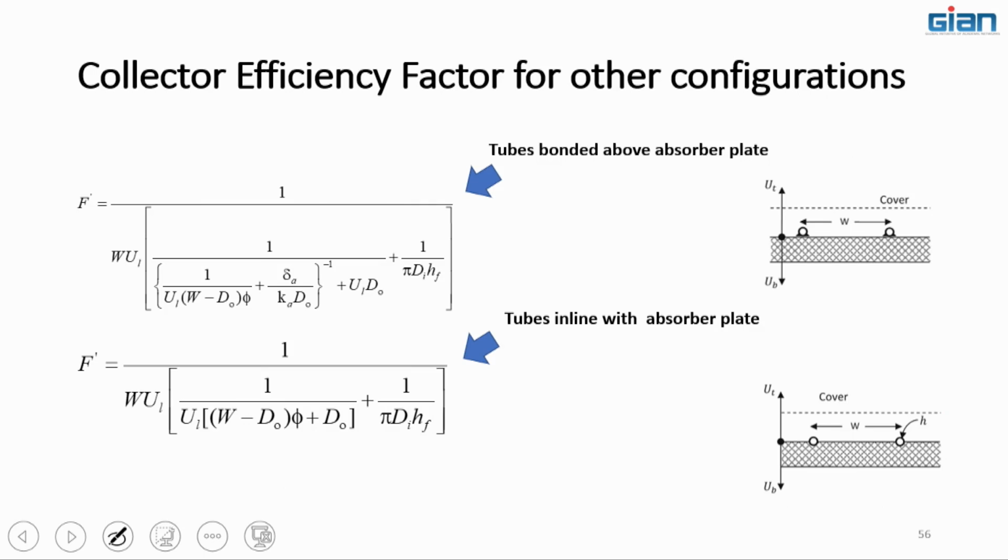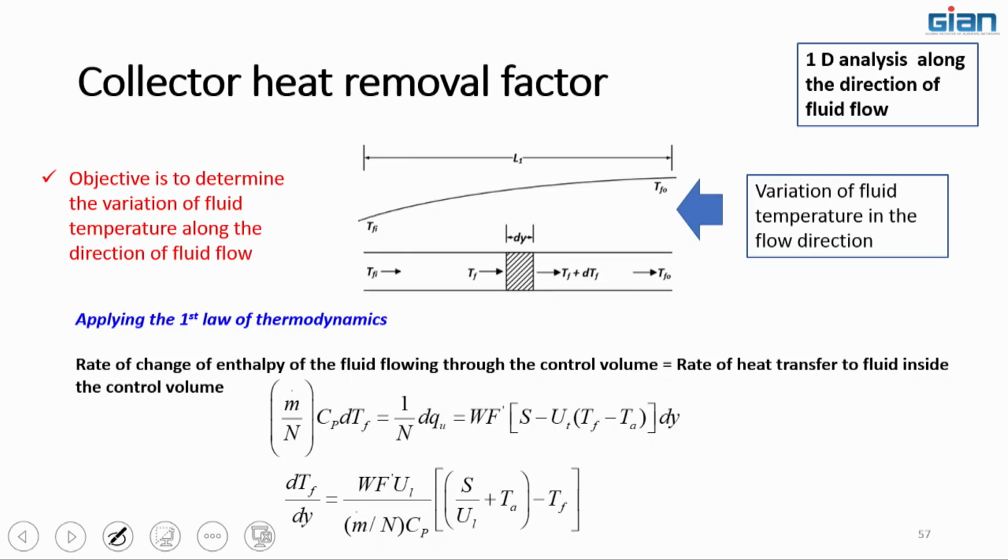Here you can see, inline we will discard the losses that are available in the case of tubes bonded above the absorber plate. One portion is not there, this part is not here, so that is how we can get higher efficiency in this configuration.